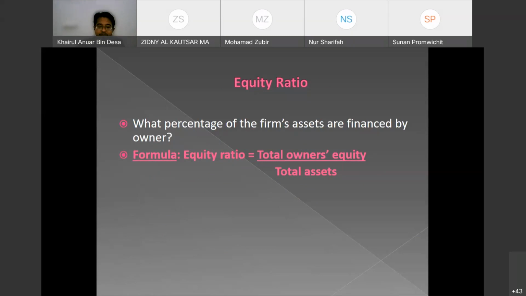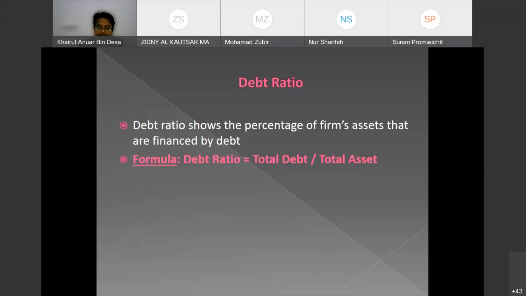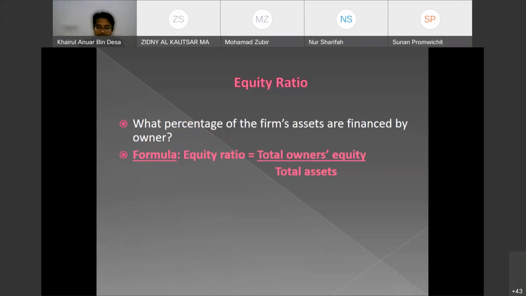What percentage of the firm asset is financed by owners? Berapa banyak equity ataupun modal daripada pelabur, daripada pemegang saham yang kita gunakan untuk membeli aset. Ini berapa banyak hutang yang kita guna untuk membeli aset. Ini berapa banyak modal pemegang saham yang kita guna untuk membeli aset.